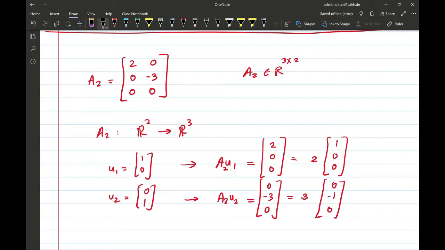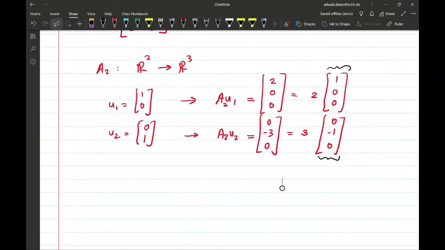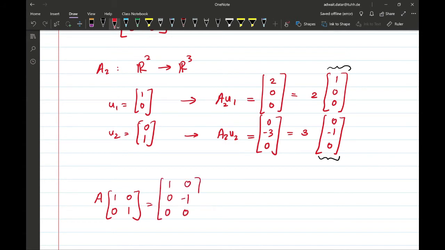Note that this vector and this vector are also orthogonal to each other. So what we have is A2 times 1 0 0 1 is equal to 1 0 0 0 minus 1 0 times 2 0 0 3.